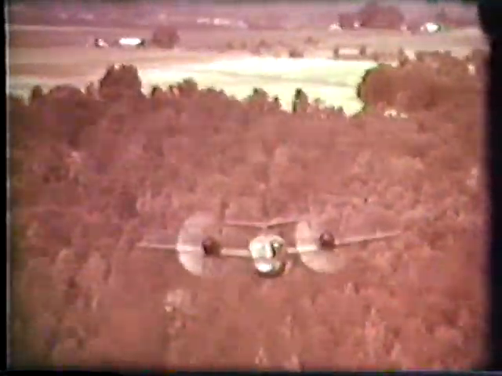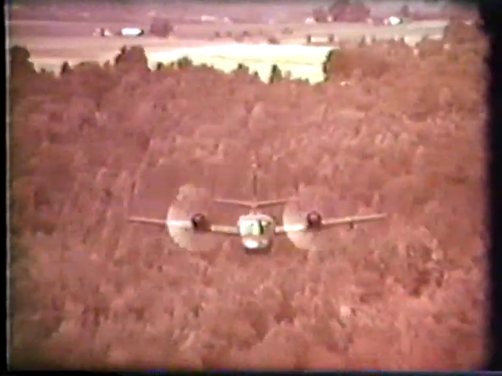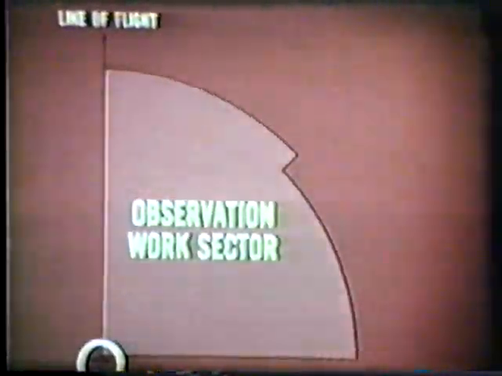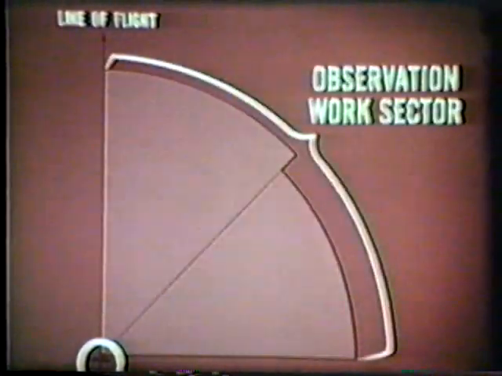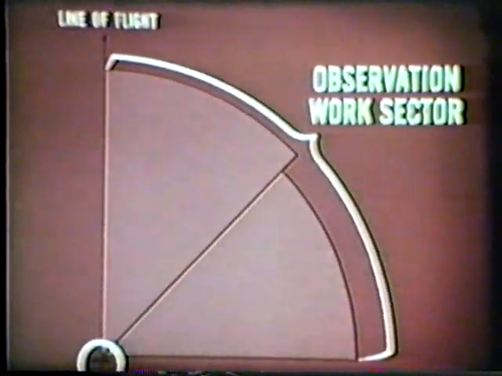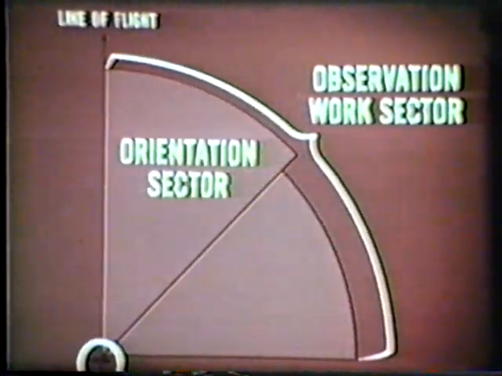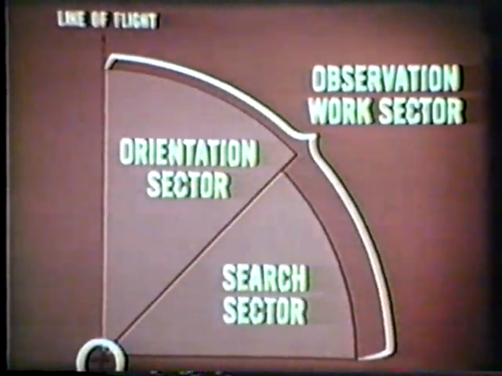Two planes of vision are involved, the horizontal and the vertical. In the primary or horizontal plane, the observation work sector is divided into two portions, the orientation sector and the search sector.